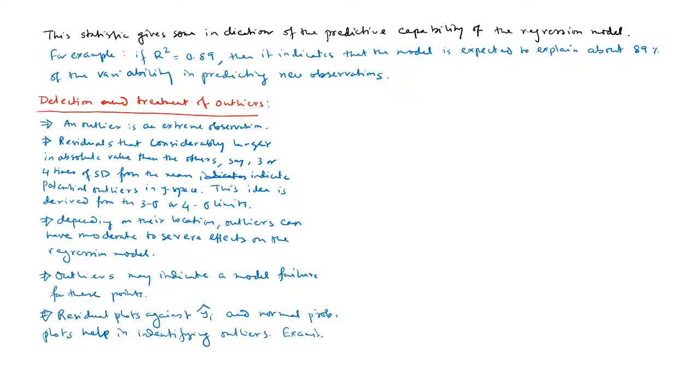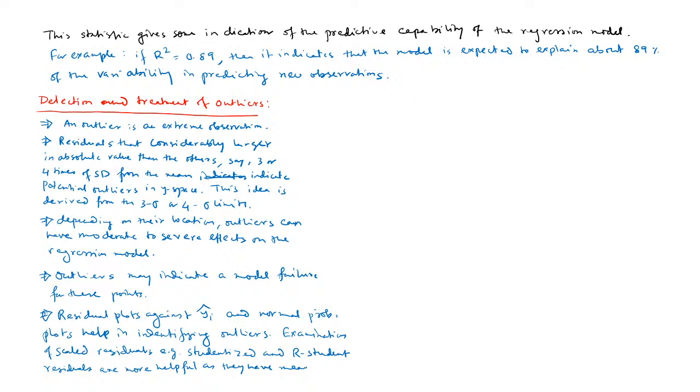Examination of scaled residuals, for example studentized and R-student residuals, are more helpful as they have mean 0 and variance 1.